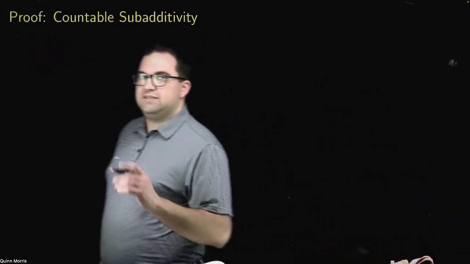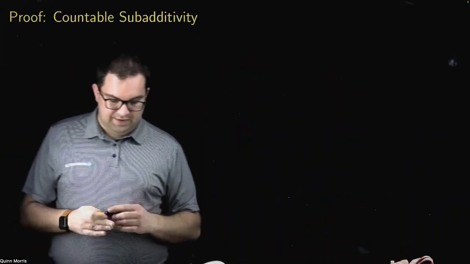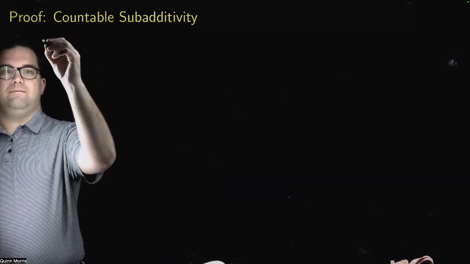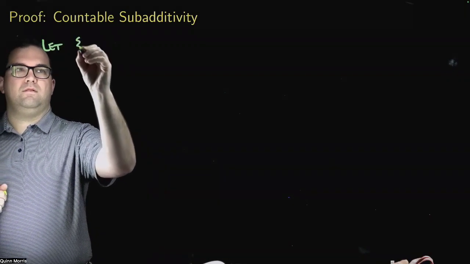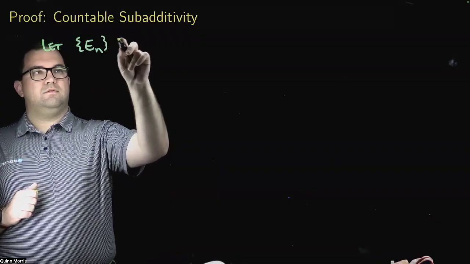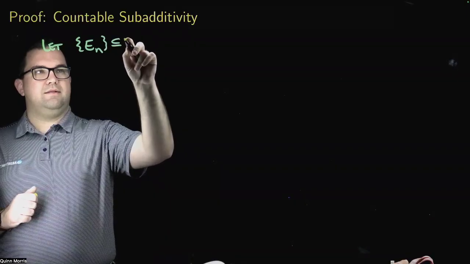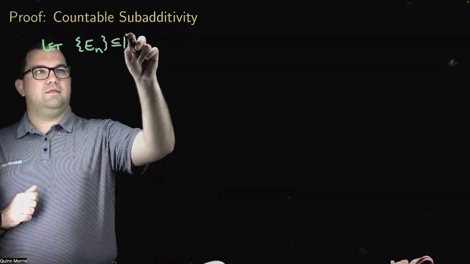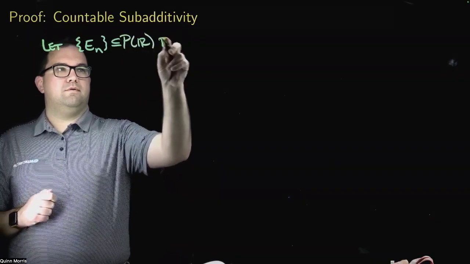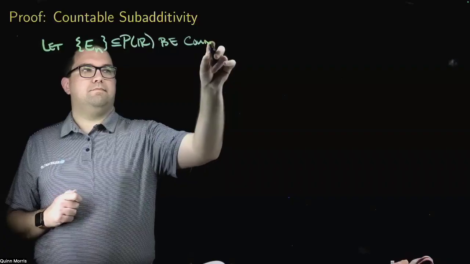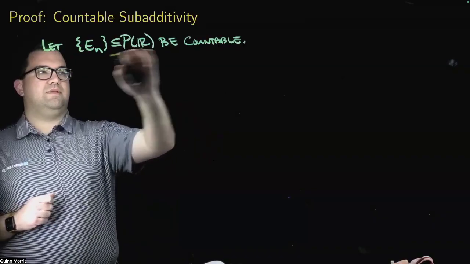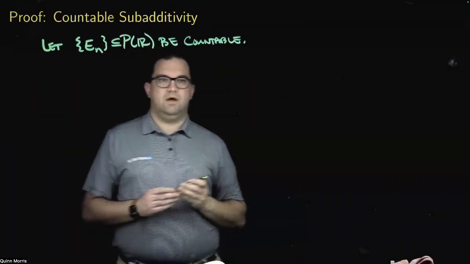Let's start the proof here by recognizing that if any one of our sets, so I have this collection of sets E_n, a subset of the power set of R, but it's countable. Each of these is a subset of R, but there's a countable collection of them.